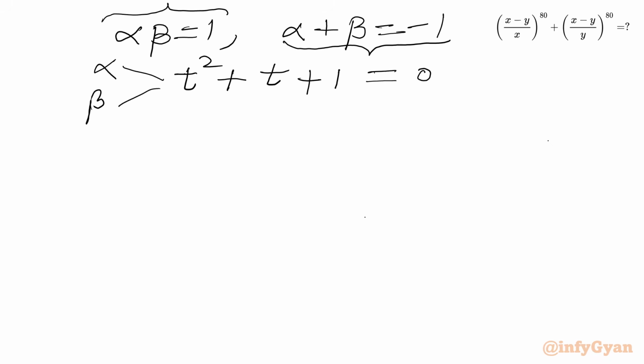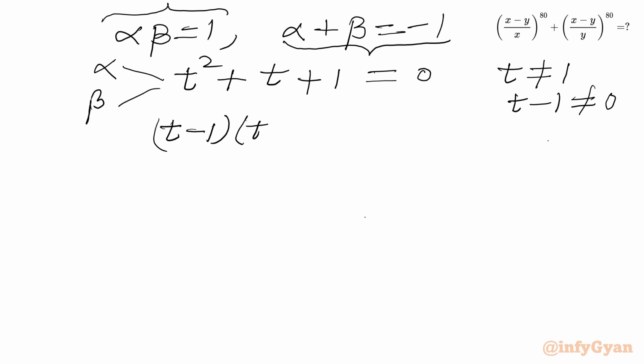Now we will check our equation at t equal to 1. LHS will give us 3, RHS is 0. So t cannot be 1, or I can write t minus 1 cannot be equal to 0. Now I will multiply both sides by t minus 1. So we will write (t minus 1) times (t square plus t plus 1), and in the right hand side 0 times (t minus 1) is 0.